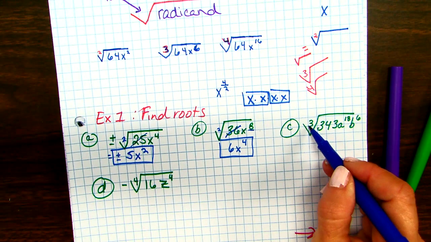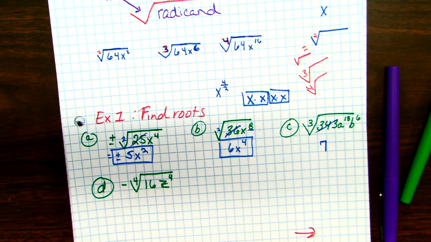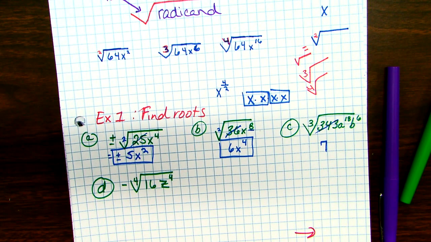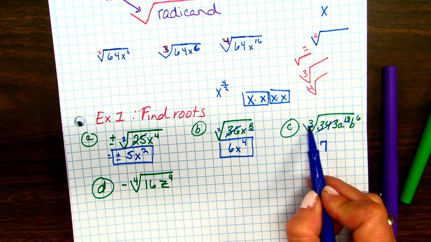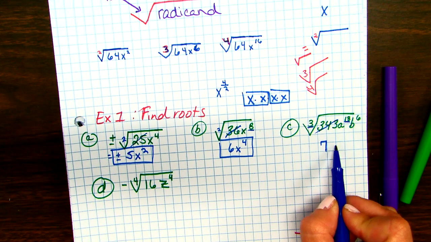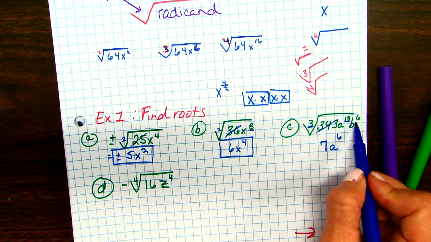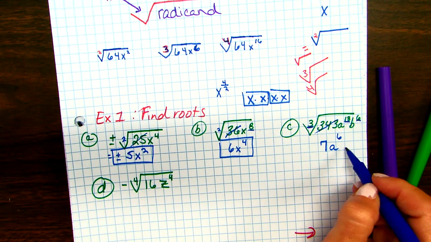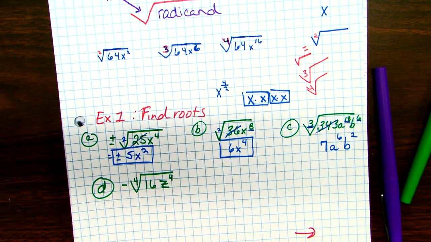So the cube root of 343 is 7. And then we just divide. 18 divided by our index or root is 3. 18 divided by 3 is 6. 6 divided by 3 is 2.